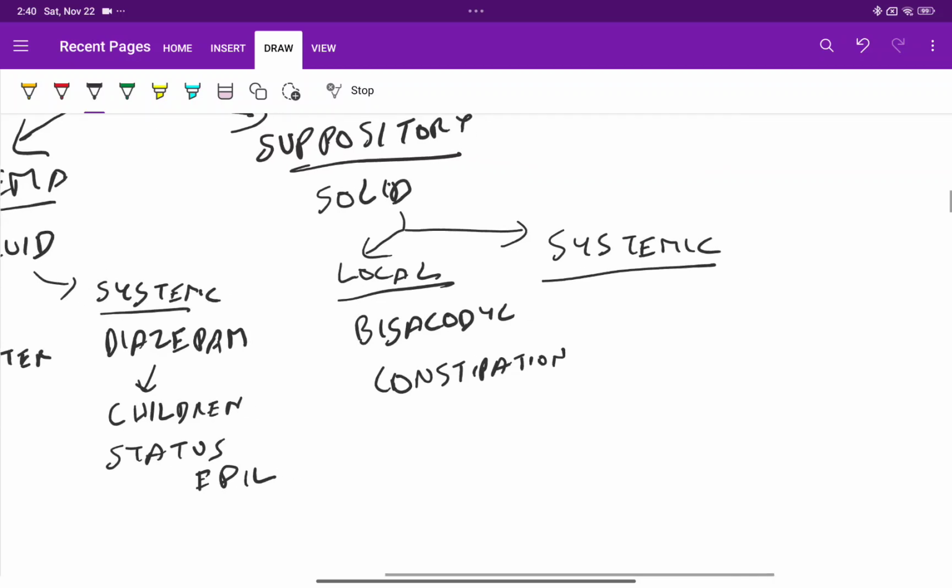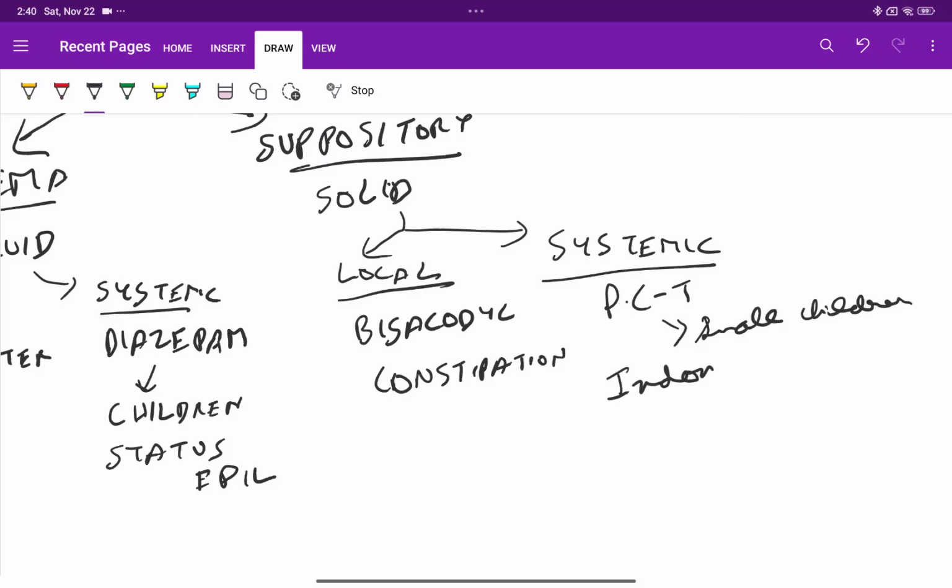These are very important examples for clinical practice. One is the paracetamol suppository. Paracetamol suppositories are used in small children to control high fever. Then one more is the indomethacin suppository used for rheumatoid arthritis.